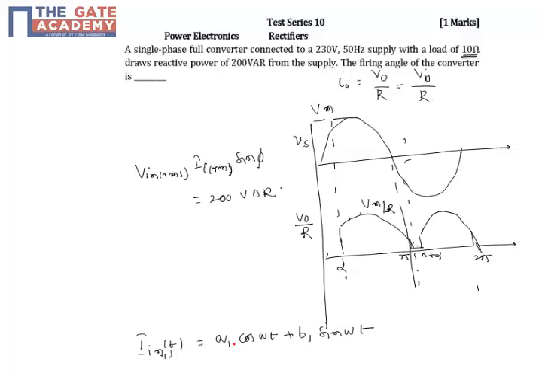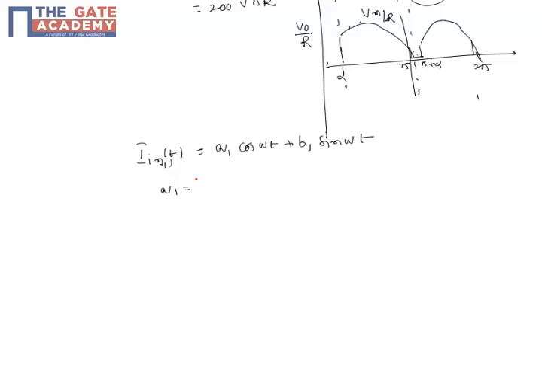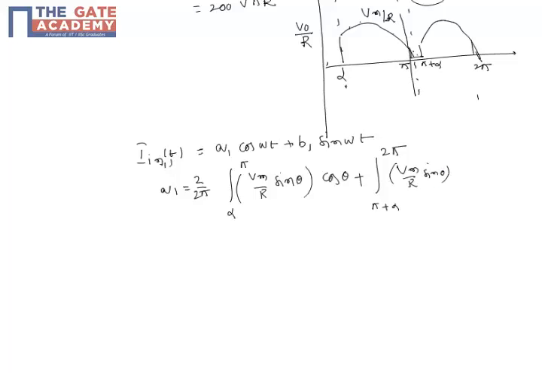This is the Fourier expression for the input current, where a1 equals 2 by 2 pi into the integral from alpha to pi of Vm by R sin theta into cos theta, plus the integral from pi plus alpha to 2 pi of Vm by R sin theta into cos theta.